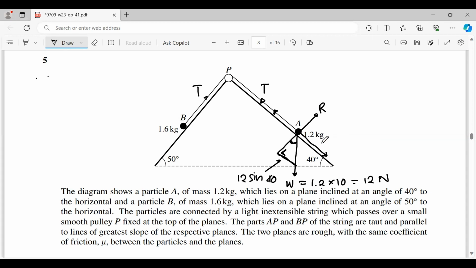This force as well is 12 sine 40, and this side is 12 cosine 40.